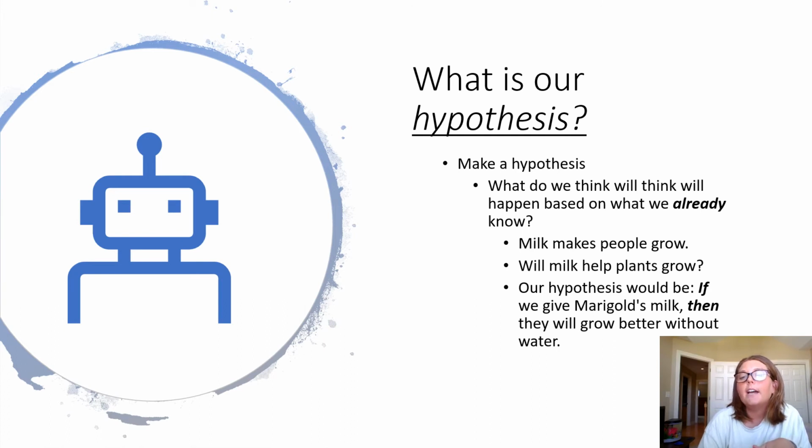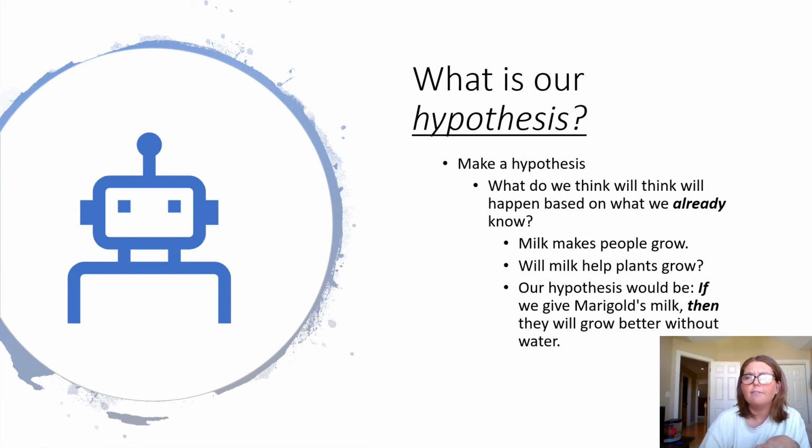So again, to make a hypothesis, we need to think about what we think will happen based on background knowledge of what we already know, so previous knowledge. So do I think marigolds are going to grow faster with milk or water? And in the video, I think our friend Annie with her robot friend says, well, babies grow faster with milk, so why wouldn't flowers, marigolds, grow faster with milk?